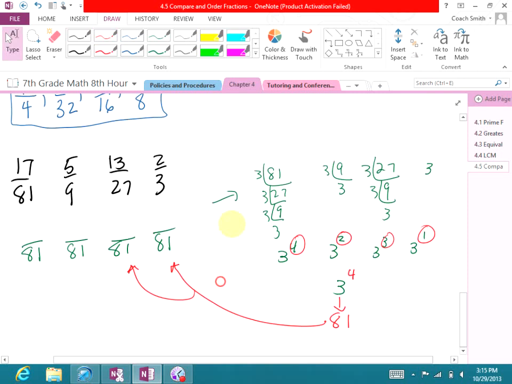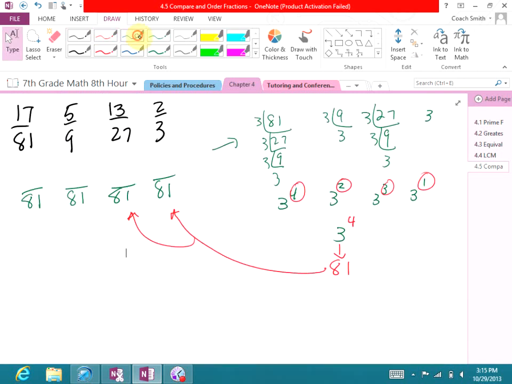Okay, now, so what did we do to 81 to make it 81? Times 1. So we do the same thing to the top. That makes it 17. Copeland, what did I do to 9 to make it 81? So I do the same thing to the top.